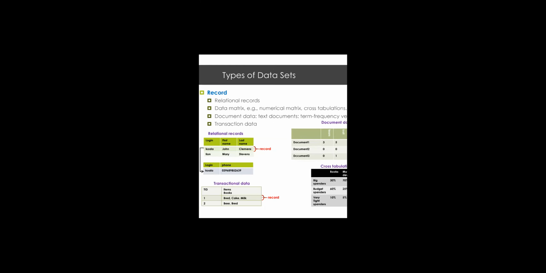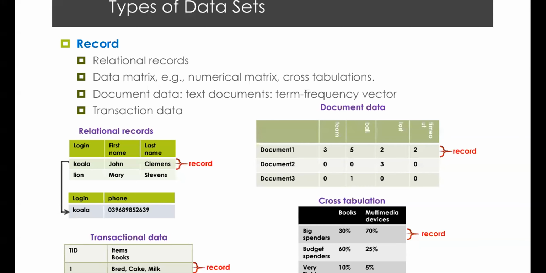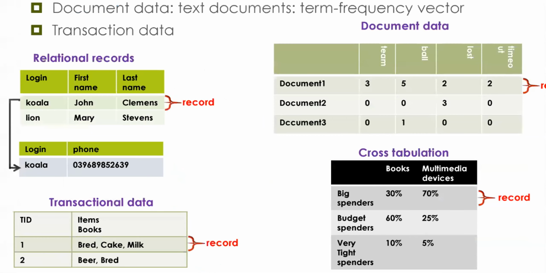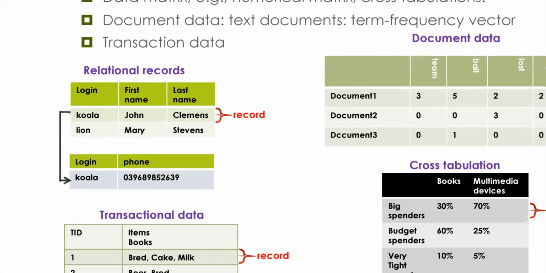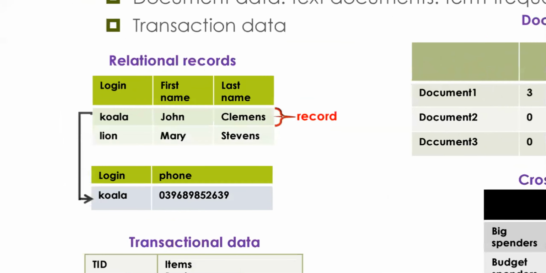So in this diagram, this is the relational records: the login, first name, and the last name. The login ID you have to represent, and his phone number.